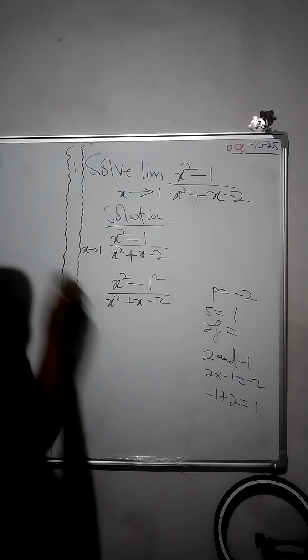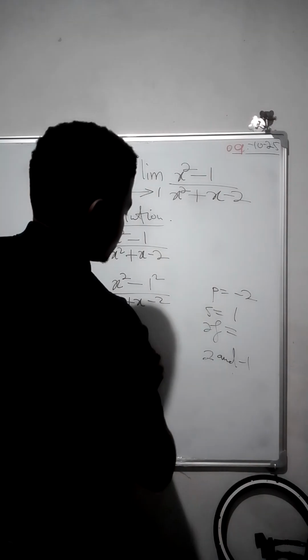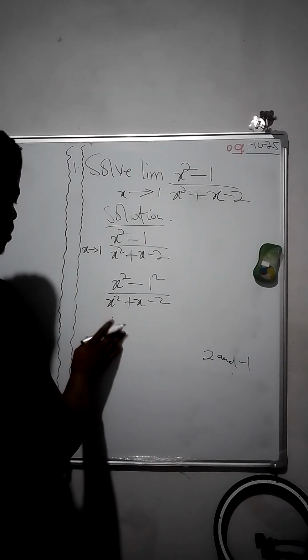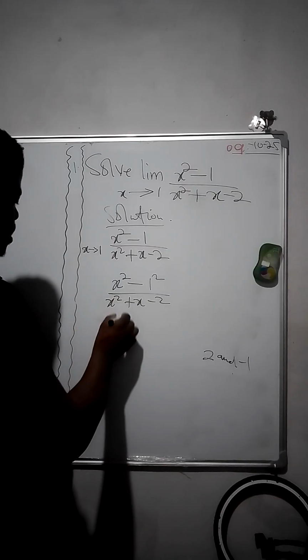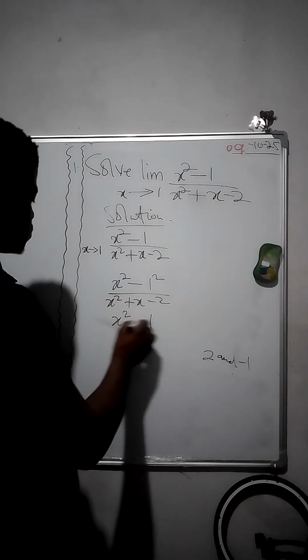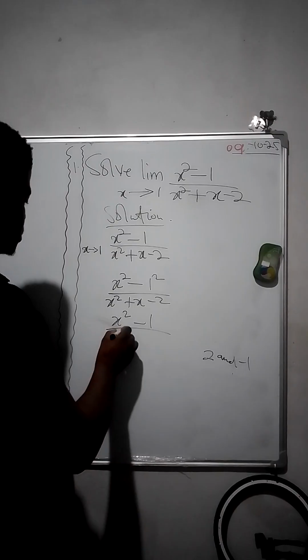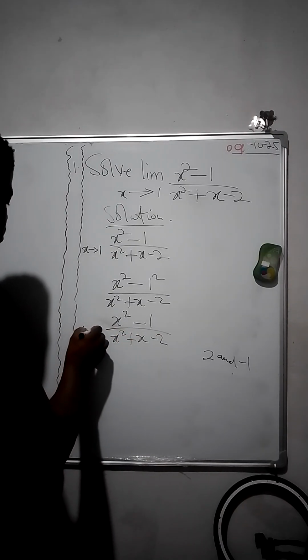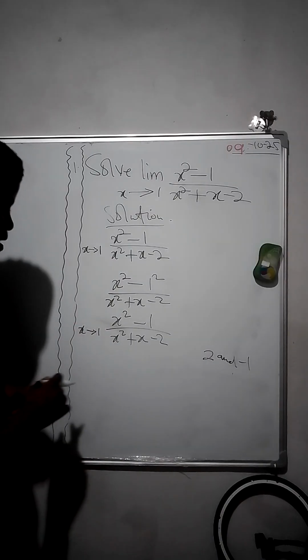So we have the limit of x squared minus 1 over x squared plus x minus 2, where x approaches 1.